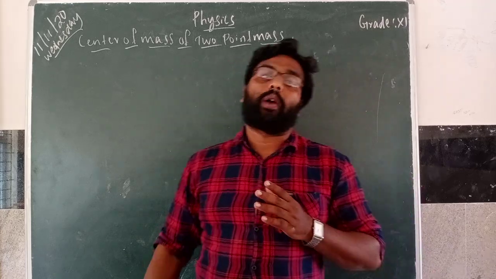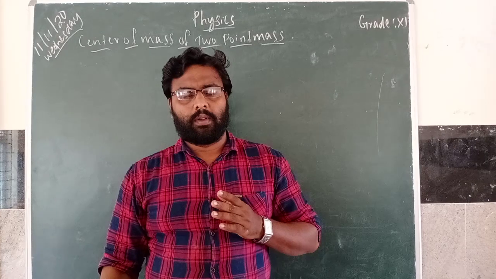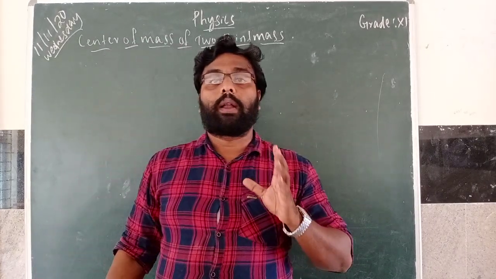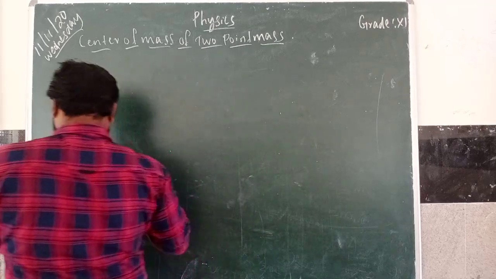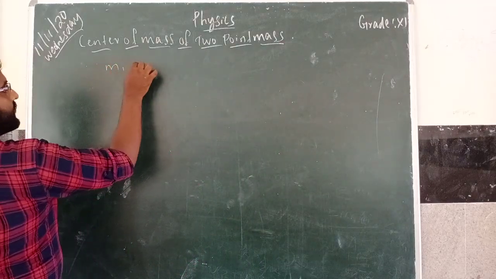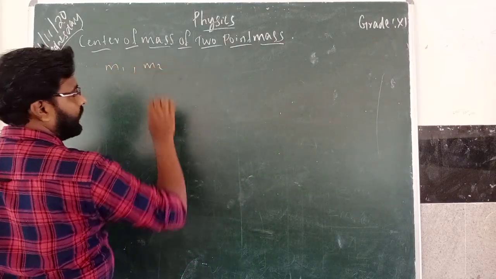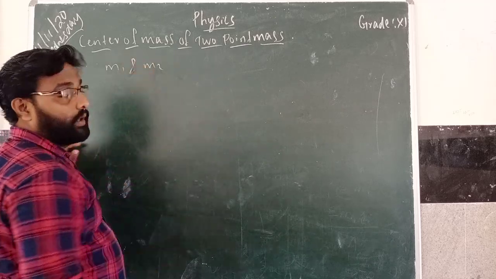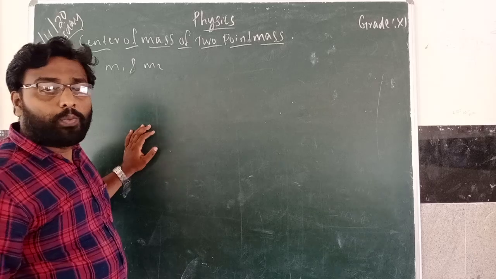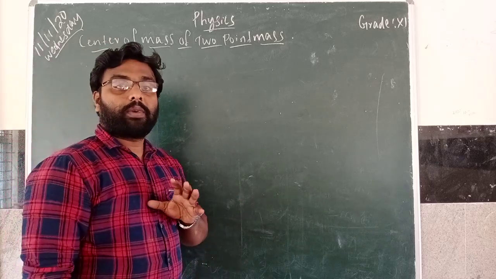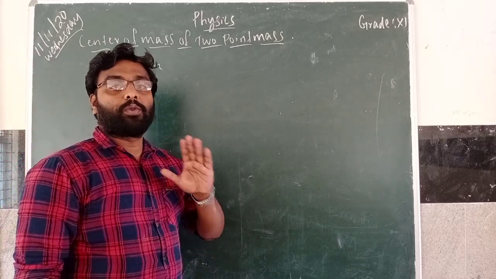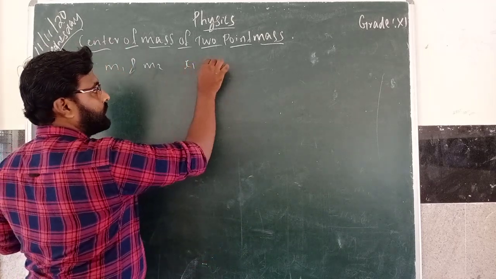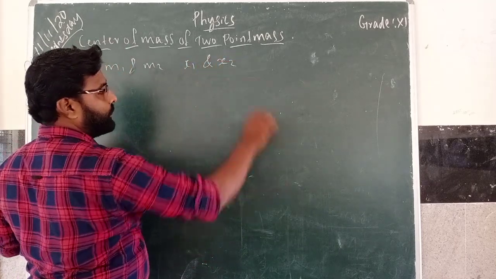the center of mass of two-point masses. Assume that we have two-point masses M1 and M2. These two-point masses you have kept at different positions, X1 and X2.